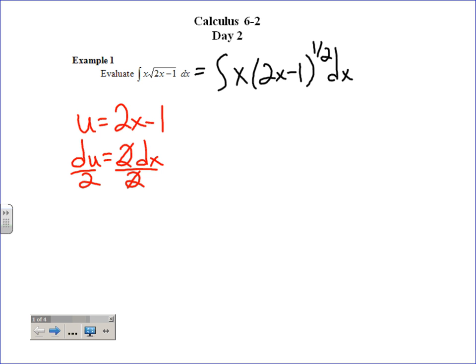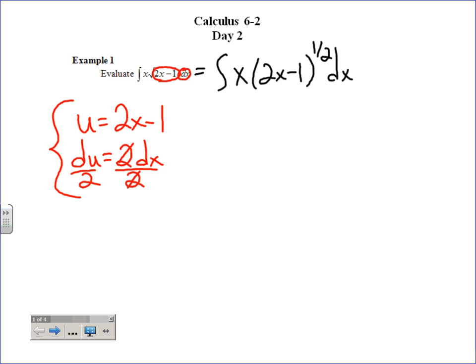Okay, so we're good. We've got that substituted for, and we've got that substituted for. Do you agree with that? But I do not have the x substituted for. Can I just leave it in there? Unfortunately, no. But look at all of this stuff in there. Do you see an x anywhere?